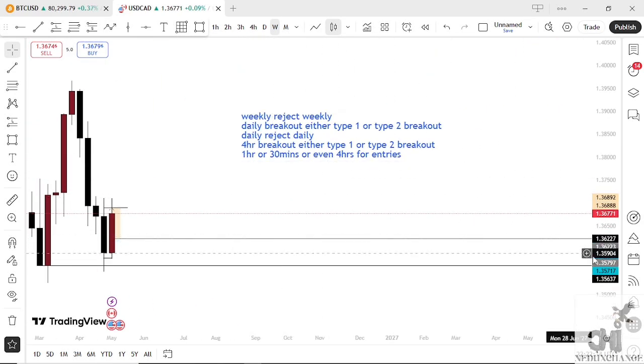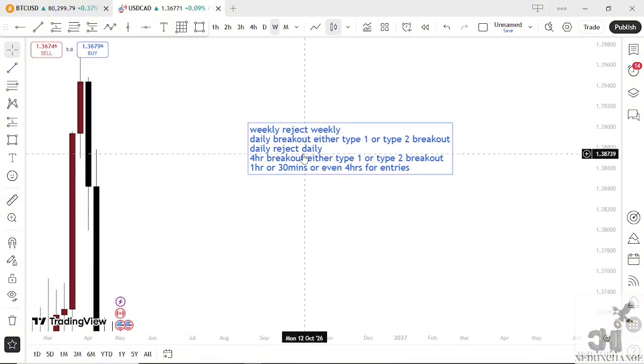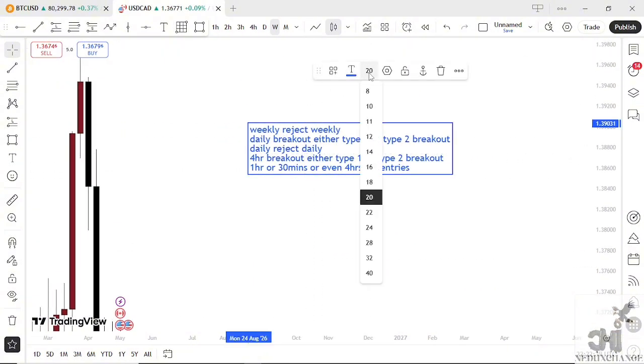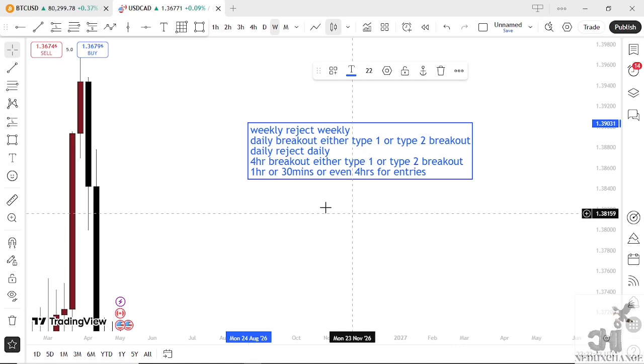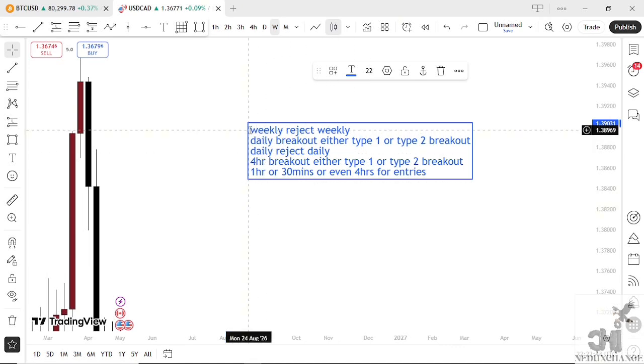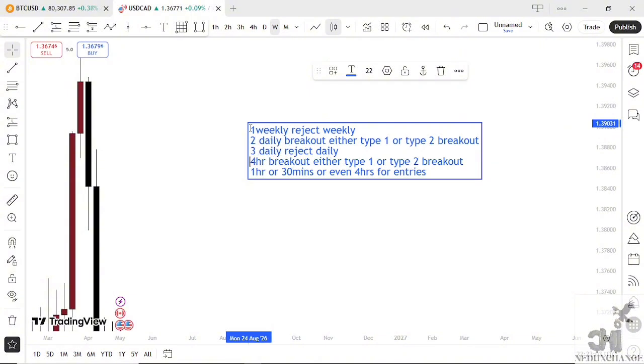But first of all, first things first, the rules guiding how we trade. The first thing you look out for is your weekly with your weekly, followed by your daily breakout, followed by your daily with your daily, followed by your 4-hour breakout.